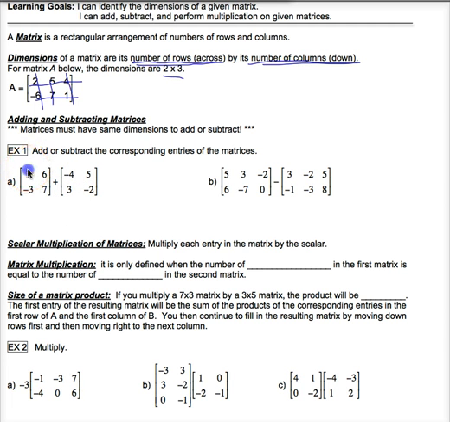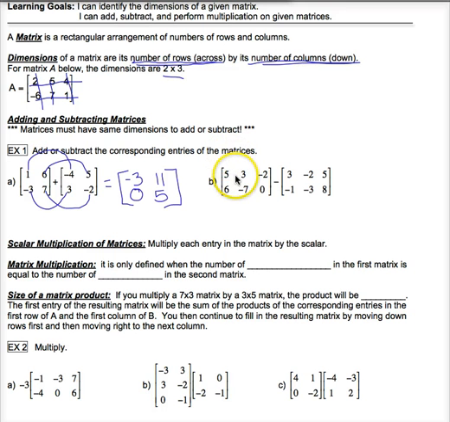You're just going to match top left with top left, add those corresponding entries, and put it in the top left of the resulting matrix. So 1 plus -4 is -3, then 6 plus 5 goes over here, that's 11. On the bottom, -3 plus 3 is 0, and 7 plus -2 is 5. So notice both of our matrices that we started with were 2 by 2. Our answer is 2 by 2.